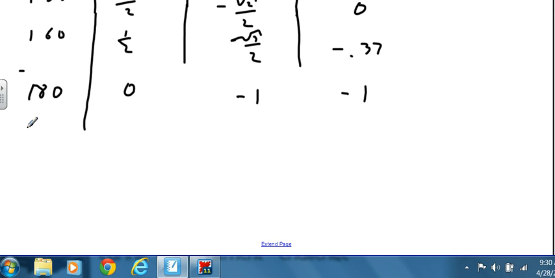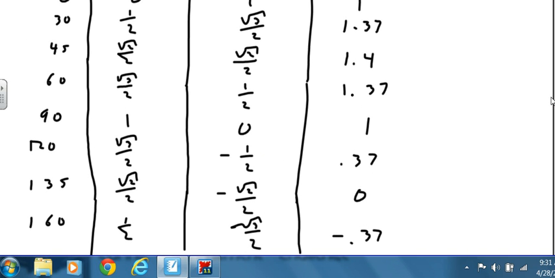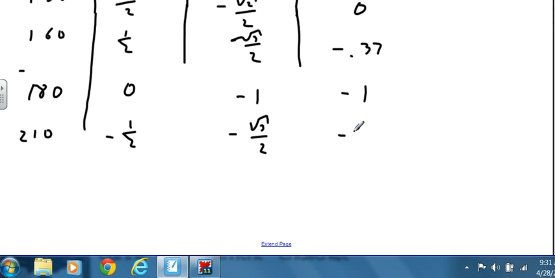Then I'm going to go another 30 degrees to 210, and I'm going to have minus a half, minus the square root of 3 over 2. Okay, well I already did that adding them, so I can do it subtracting, right? Minus 1.37.